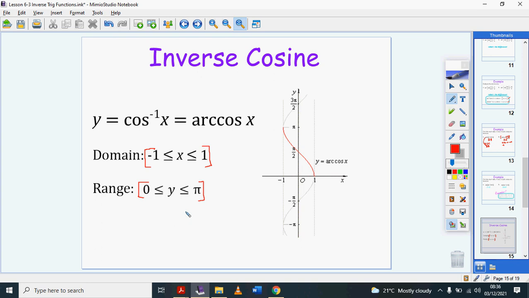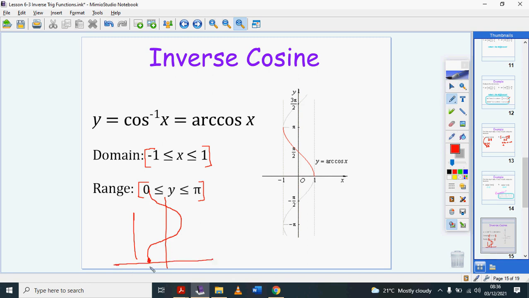And this is simply because of how the tan graph starts, how the cosine graph starts up here and then goes down. I hope you can see that when I rotate that and turn it into an inverse function, it starts exactly at 0, because this point here was at 0, right?